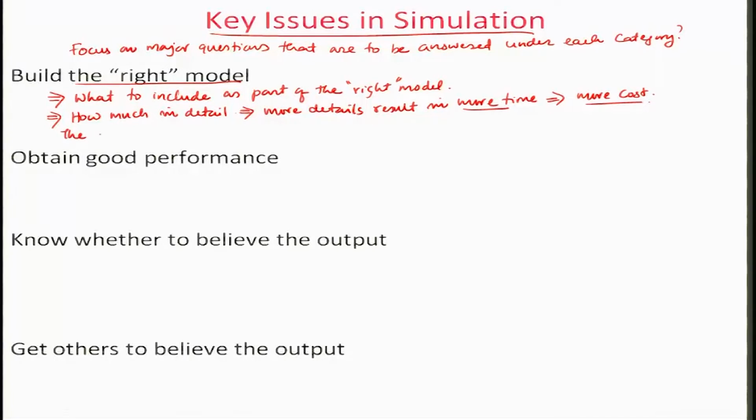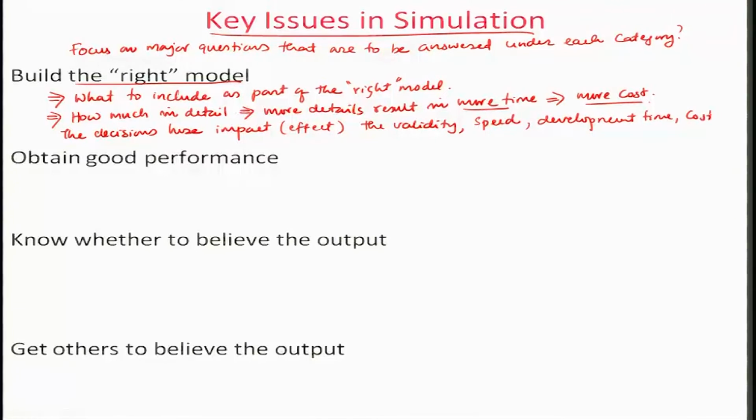The decisions here impact, influence, or affect the validity of the simulation model, the speed of the simulation model, then the development time and cost, etc. So, all these aspects, the validity of the model.